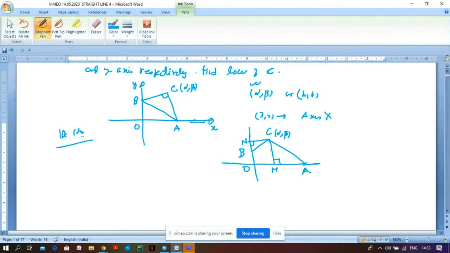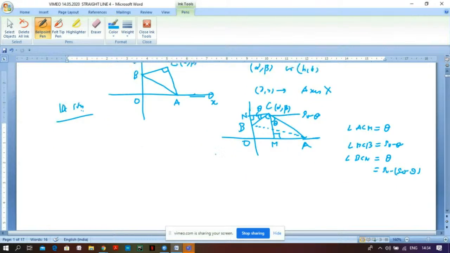AB is joined because it is a side of the triangle. I take angle ACM as theta. Then angle MCB, because the angle at C is 90, is 90 minus theta. So angle BCN is again theta. These two angles are each theta.